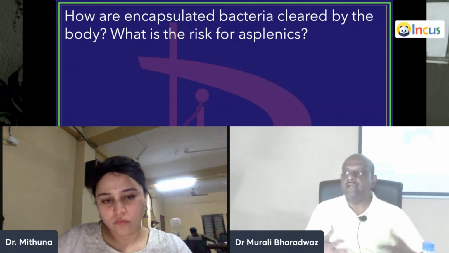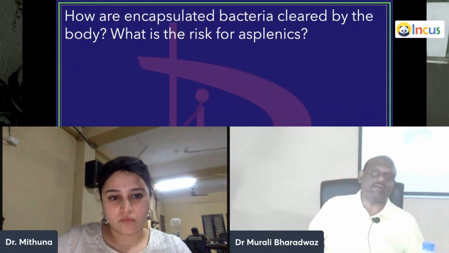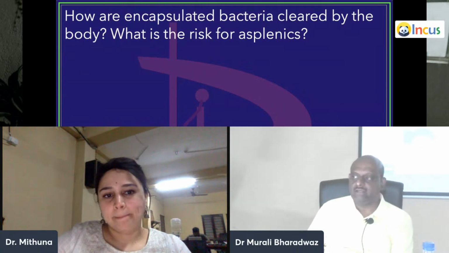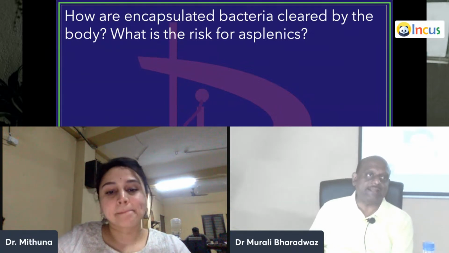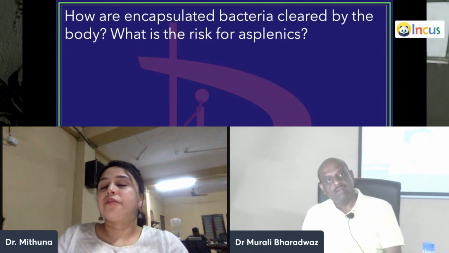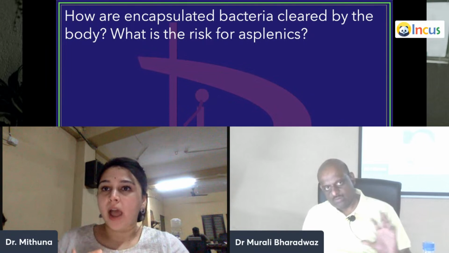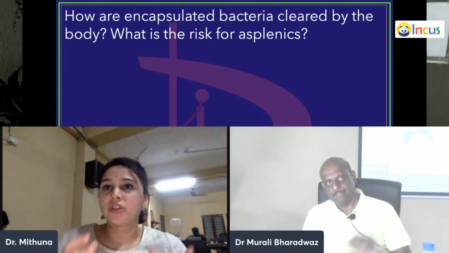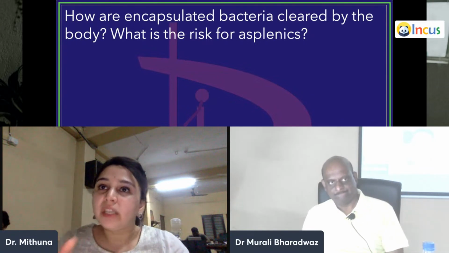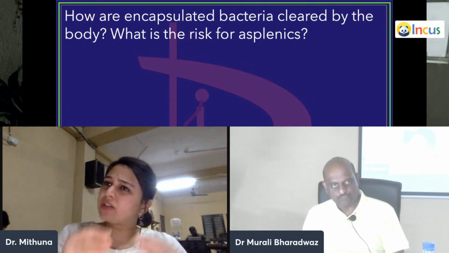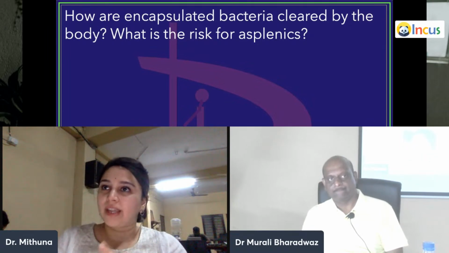So, how do we clear these encapsulated bacteria in the body? And what is the risk in asplenics? Firstly, there is something called complement activation in our body. So opsonin, that is nothing but C3b, which is already there in minute numbers, increases.